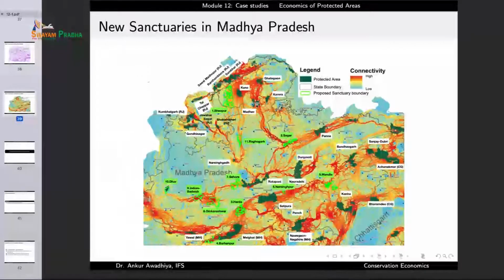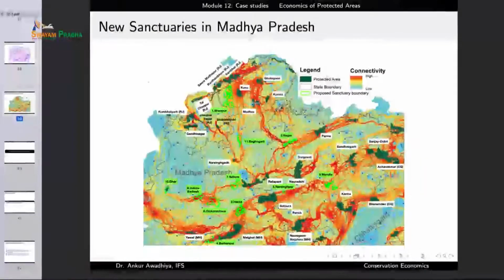Now, we know that tigers take this route when they go from Madhav to Panna. And in that case, if you make a reserve here in the center, then probably it will be much more effective than say creating a reserve here where the animals do not move. So in this case, we are making use of gap analysis to understand where we should be making these reserves.